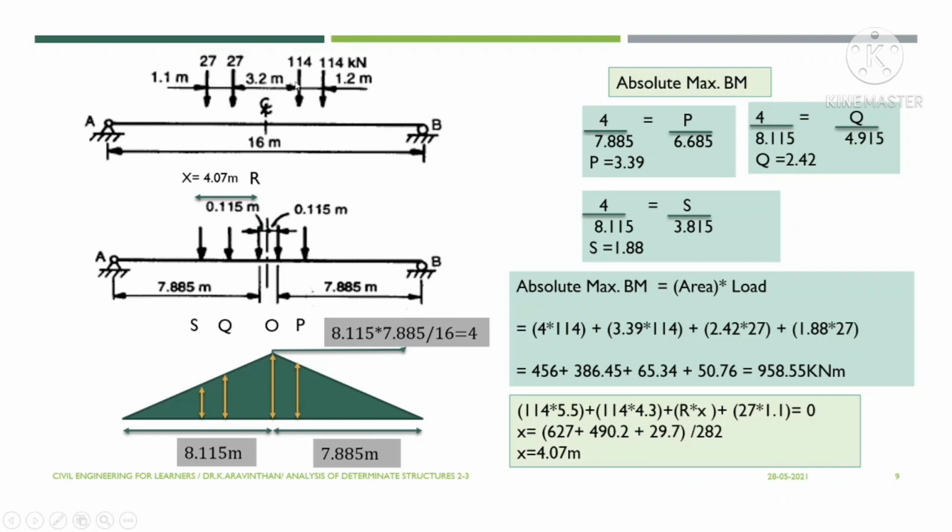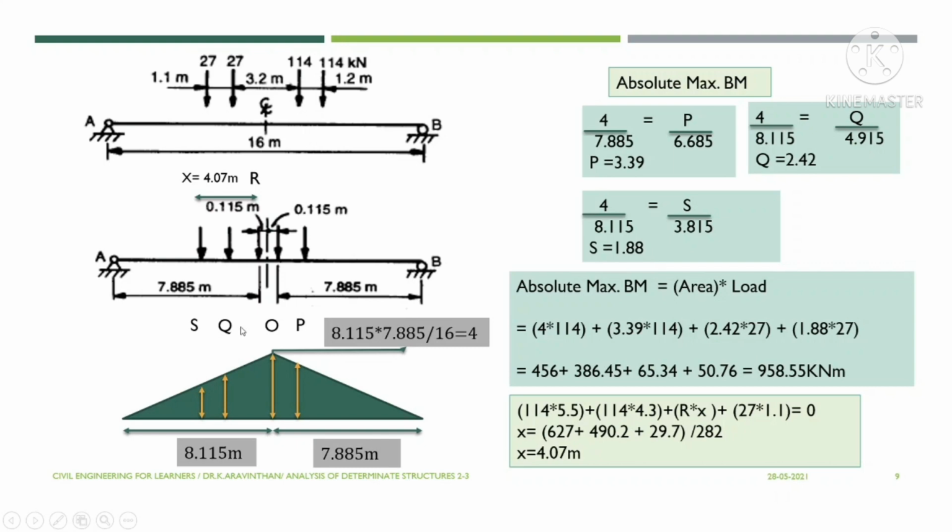The distance from 114 and 27 is 3.2, and if you subtract 8.115 minus 3.2, you will be getting 4.915, and you can cross multiply to find the ordinate of Q. And for finding S, from this maximum load you have a distance of 4.3. So 8.115 minus 4.3, you will be getting 3.815 as the horizontal distance. With the same ratio, you can cross multiply to find S, and S is 1.88.